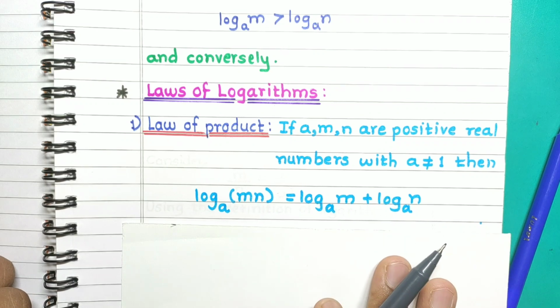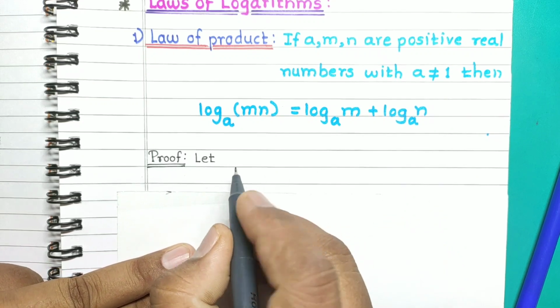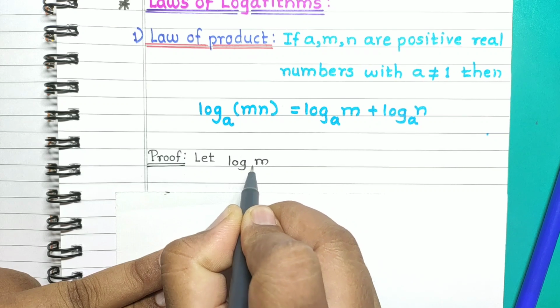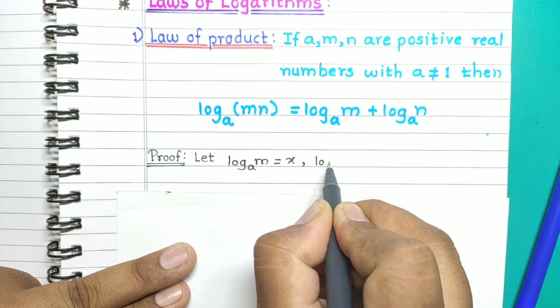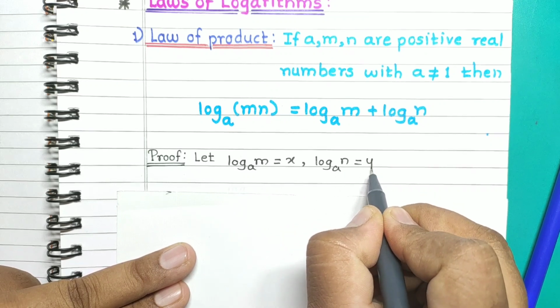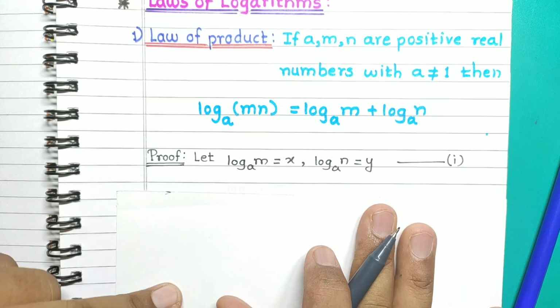Let's see the proof. For the proof, let us consider log of m to the base a be x and log of n to the base a be y. Call it statement number 1.